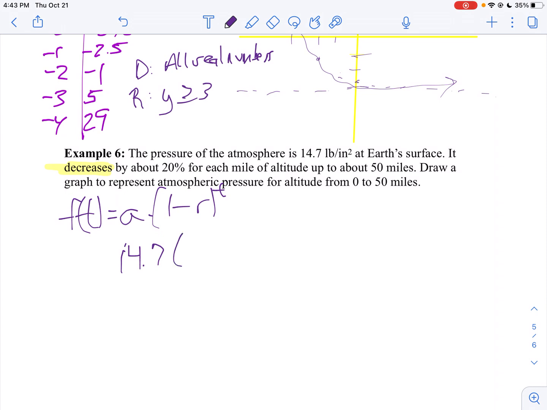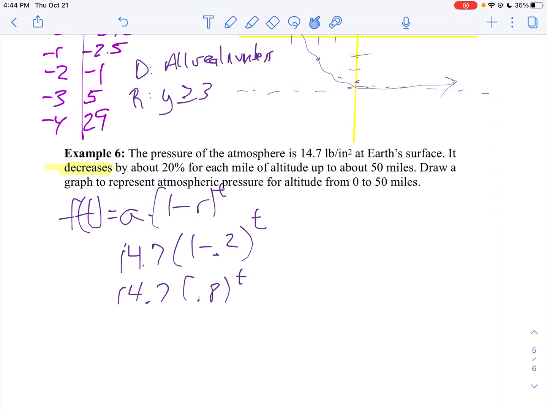And I'm going to go 1 minus 0.8 to the, whoops, got ahead of myself. My brain went ahead. 1 minus 0.2 to the t power. Now I want to simplify that. So 14.7 times 0.8 to the t power.